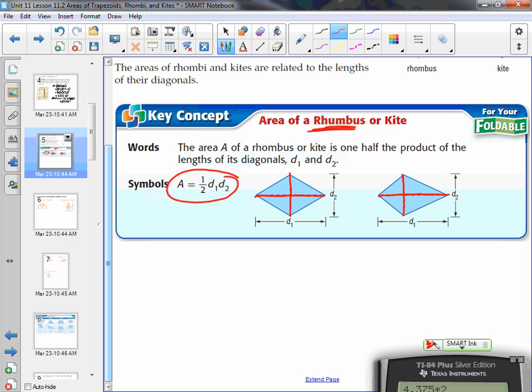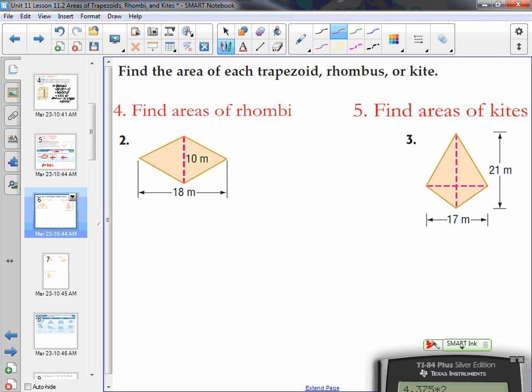So that formula works for a rhombus and it works for a kite. All right. Let's see how we use this.